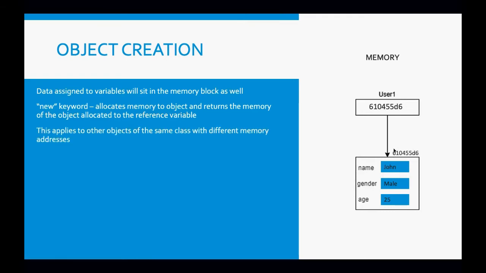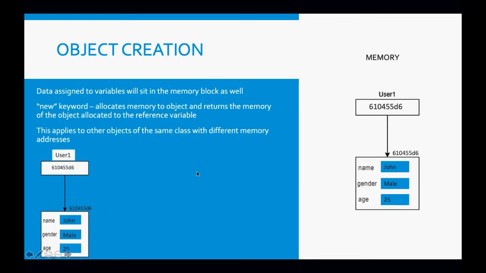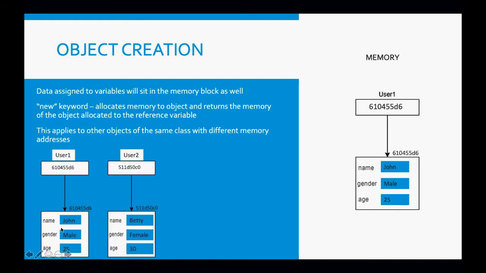And it also applies to objects of the same class with different memory addresses. So if I have user1, like I've been mentioning earlier, with this memory address, it tells me that user1 has a name of John, as a male gender, and is age 25. If I have another user with a different address, the variable is user2, and it matches to this object with this address, which is Betty, female, and 30.